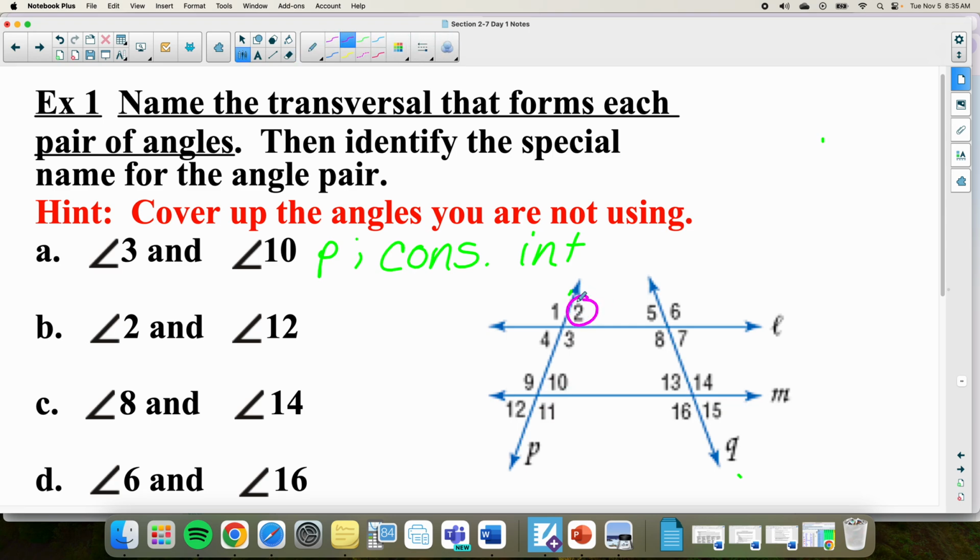So here's 2, here's 12. What's the transversal? P again, right? Okay. Now, do you guys realize what kind those are? Alternate and exterior. Very good. So for alternate, we're just going to do ALT, and then exterior is going to be just EXT.